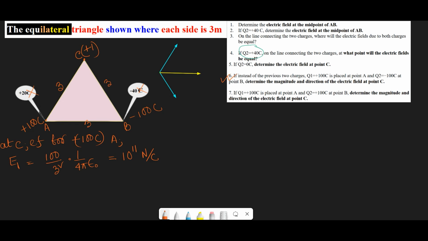In that case, they repel each other, and obviously this is larger, so the electric field will go in this direction, which is AC. So the direction will be towards AC.